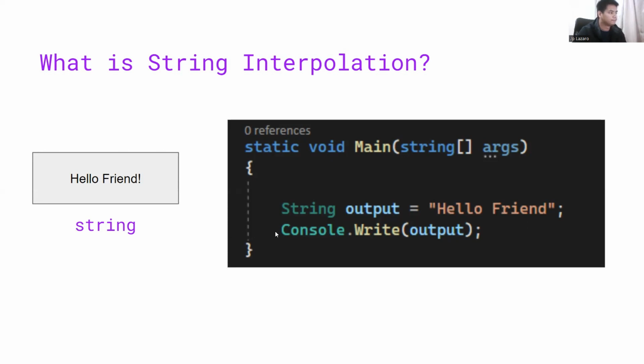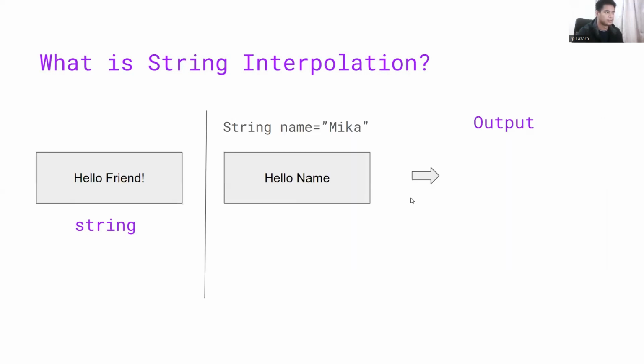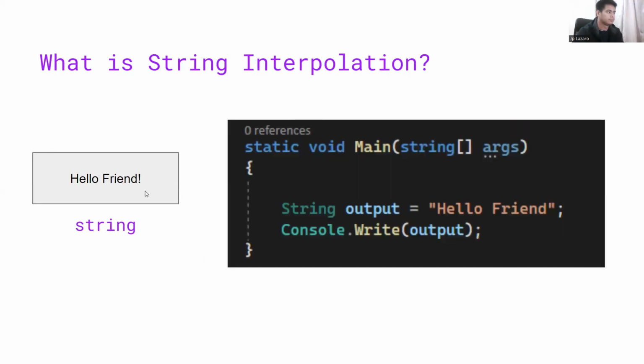And on the left side here is the business case. For example, we want to print hello friend. So this is the code, and this is the business case. When we run this, the output will be hello friend because we are not using anything else.